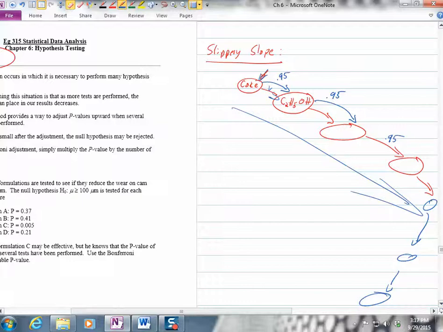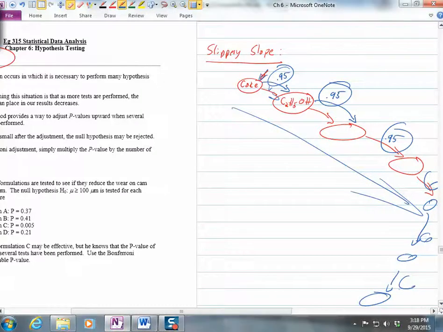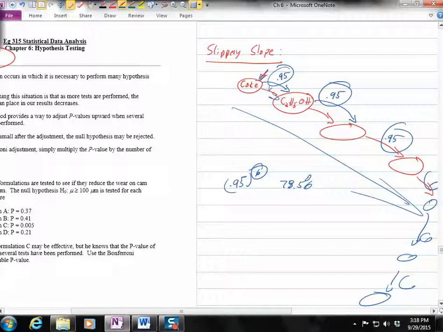Because even though each jump has a high probability, the probability of this jump happening and this and this and that and that and that, how many jumps are there? 1, 2, 3, 4, 5, 6 jumps. What's the probability that you make it all the way to the end? Right, you guys all do that? Good. What was it? 73.5%. And so you keep adding jumps, that number goes up, and then the argument gets weaker and weaker and weaker because the argument is based that you go all the way down to the bottom of the hill.